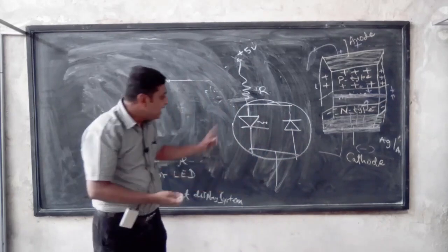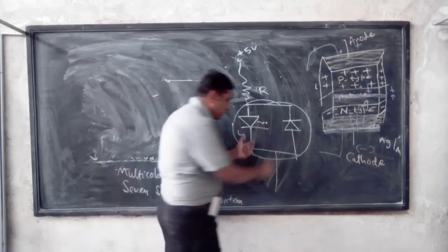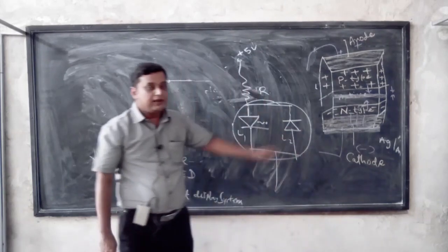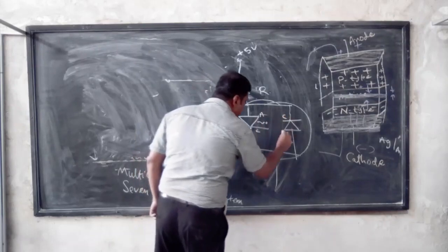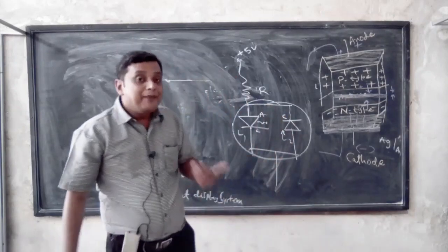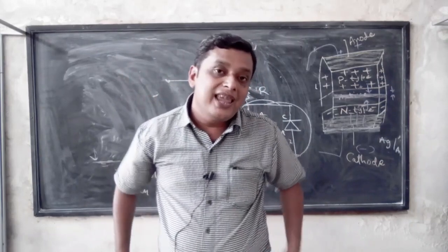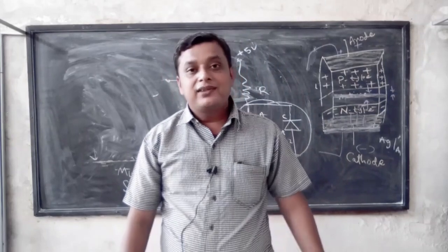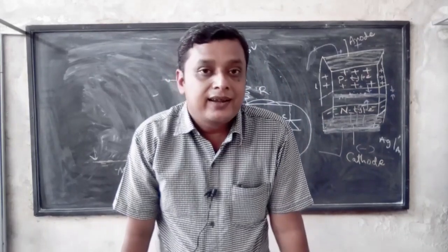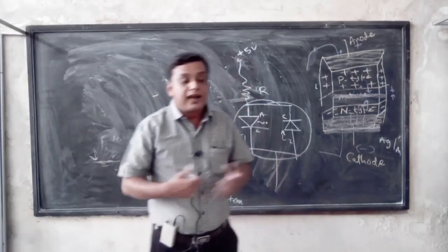So what happens? LED 1 is arranged in such a way, LED 2 is arranged in such a way. This is a cathode, anode, cathode, and anode. As I told you at the starting of this chapter, LED is always able to generate light whenever I am using this LED in the condition of forward bias.